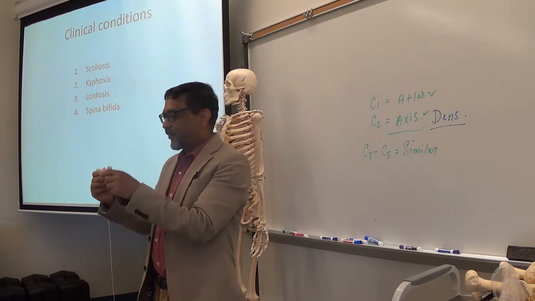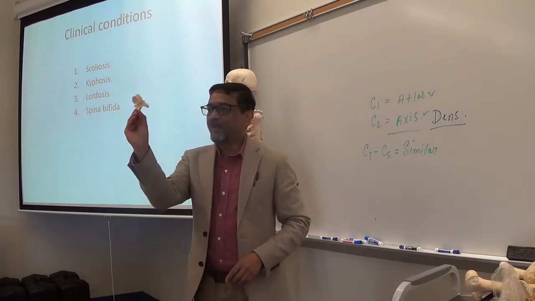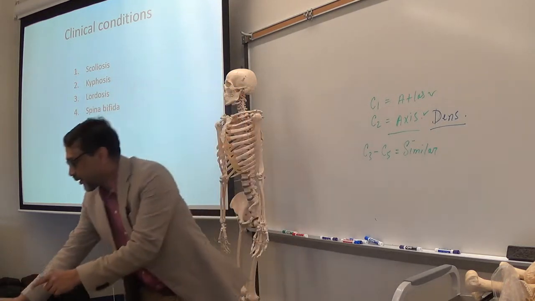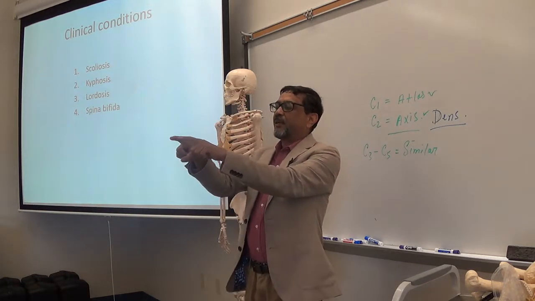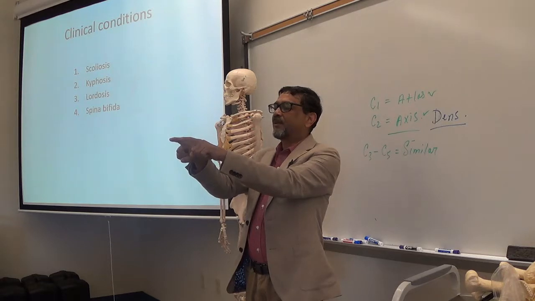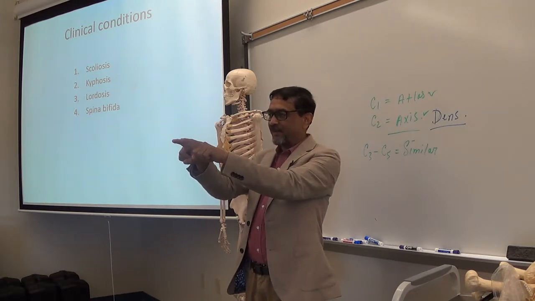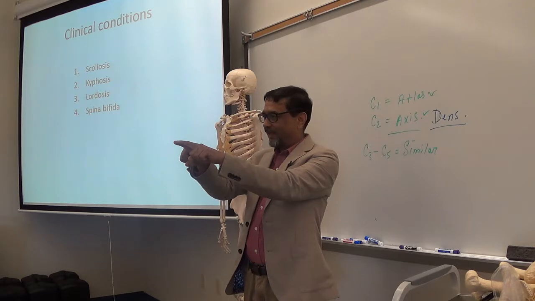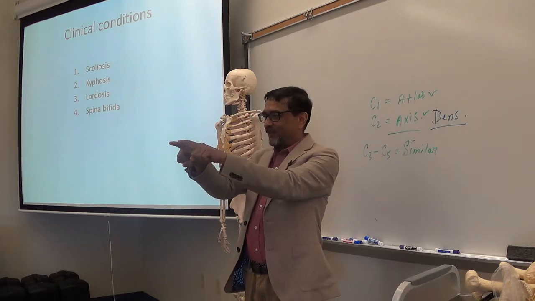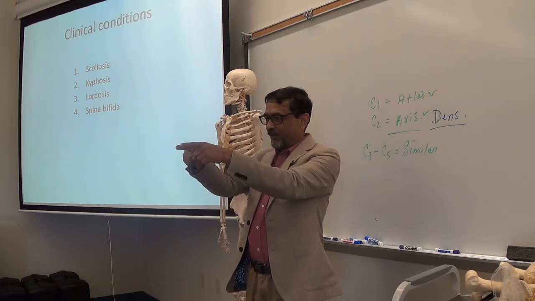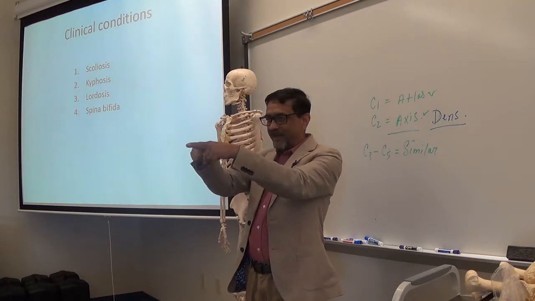Now, sometimes what happens is, when the vertebra is formed, it is formed from 2 points, and each half is formed like this. So from 2 points the formation of the vertebra starts and then they fuse in the midline. This is one half, this is another half, and these two fuse to form the spinous process.